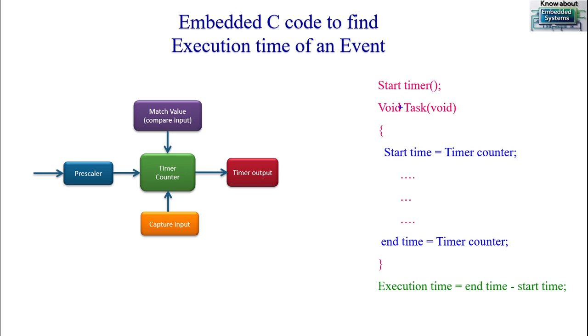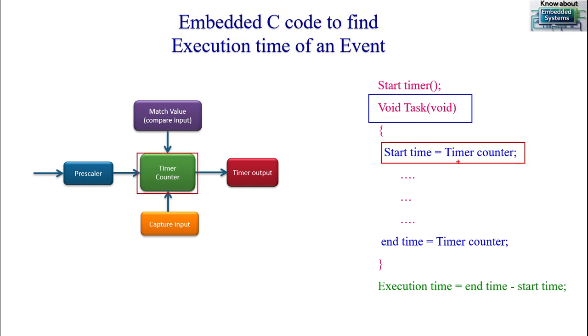And then, which task do you want to find the execution time of? The task or event whose execution time you want to find, we have to call it here. So once you start the timer, we will call the function, or the event, whose execution time we want to find, right? Then your microcontroller enters into the function, nothing but an event.